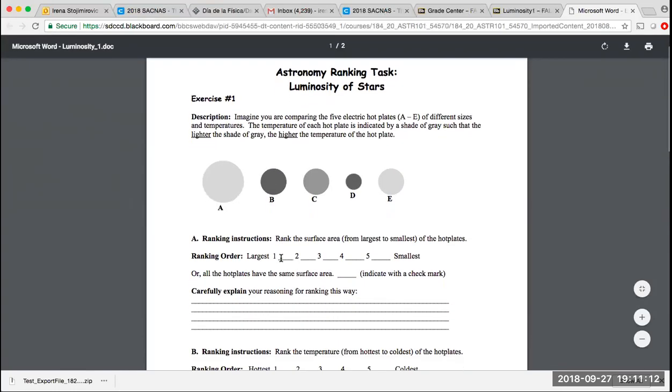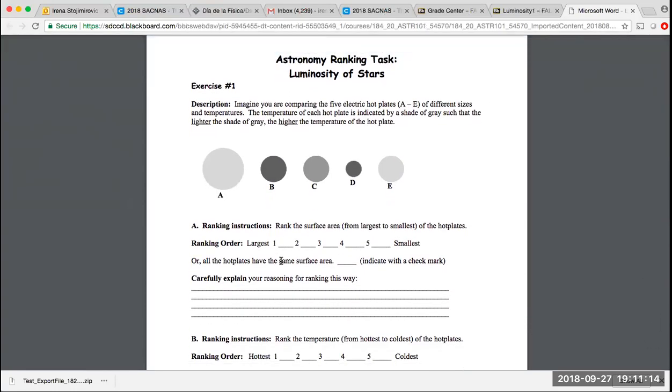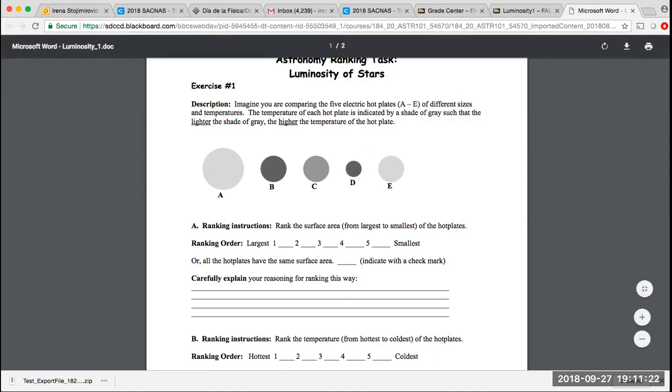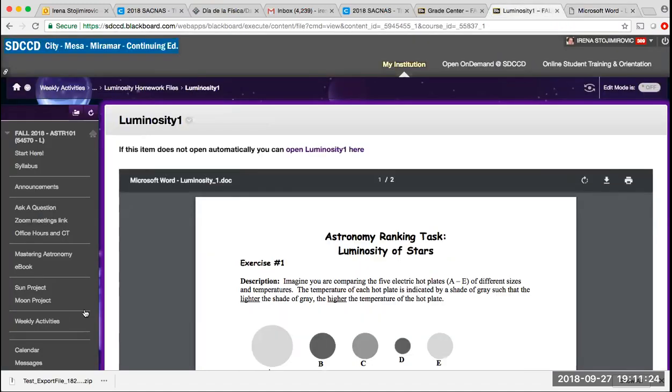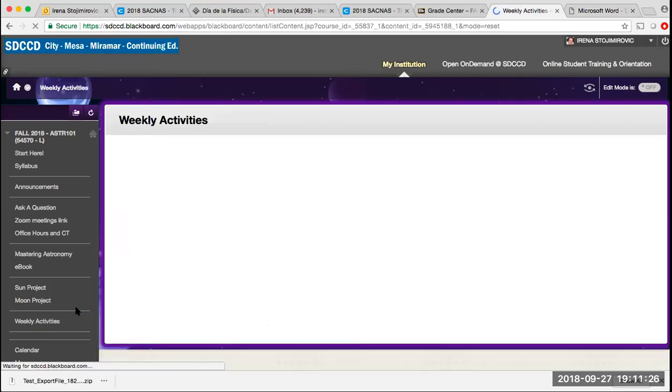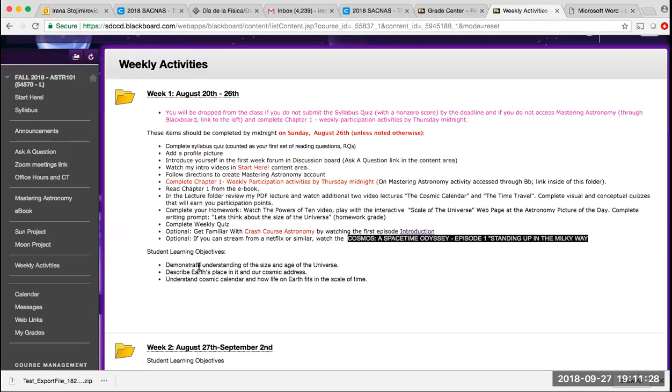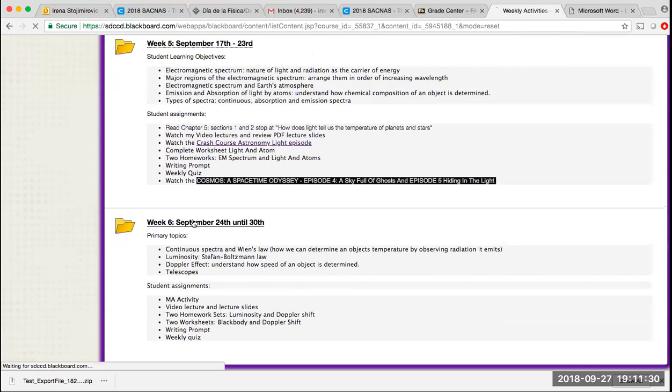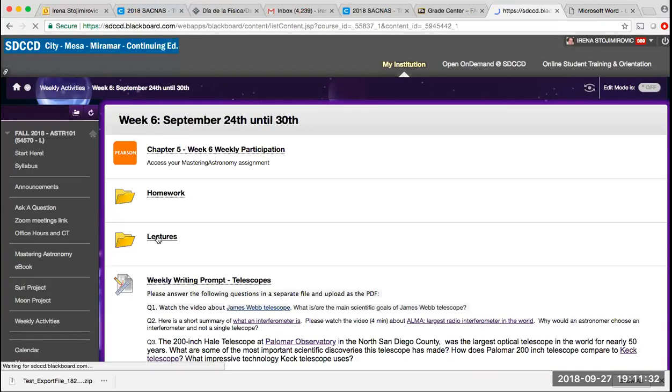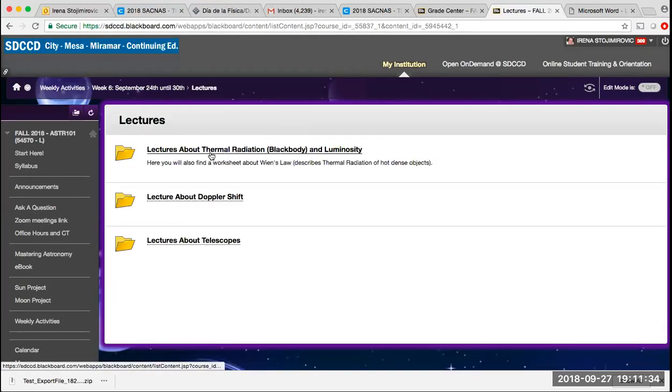Okay. So what is confusing about this? Well, I just haven't seen it before. Okay, if you want some help, let's go over here in the weekly activity. Now we're in week 6, and if you go to the lectures, the first one is about thermal radiation, black body, and luminosity.